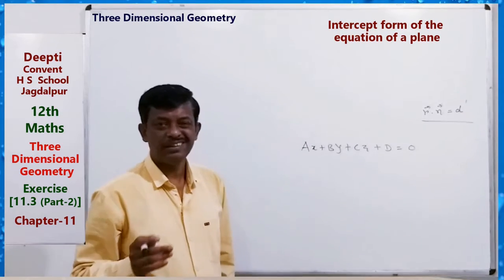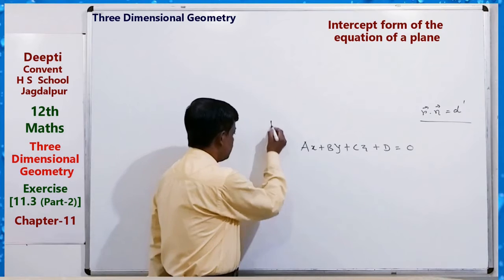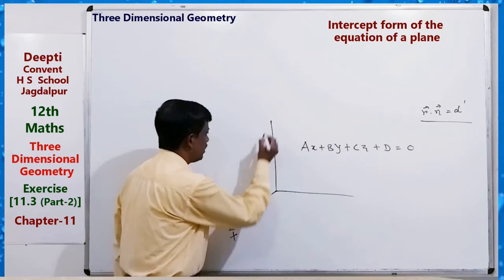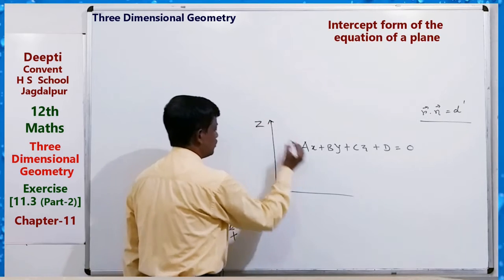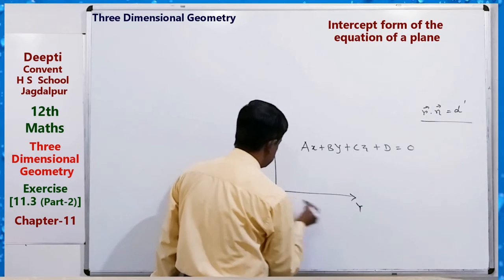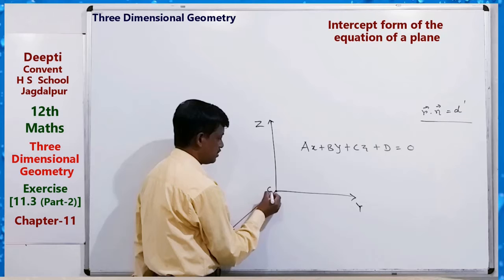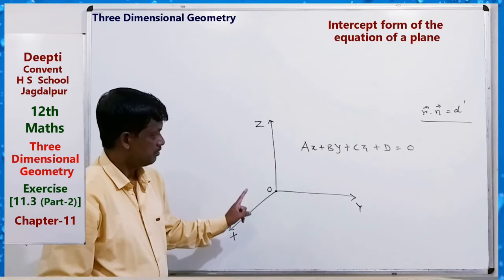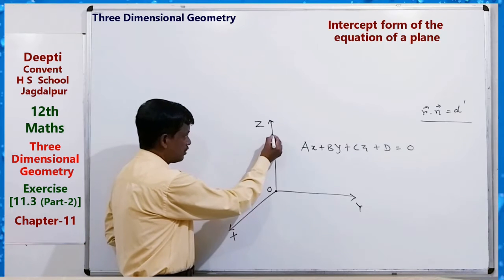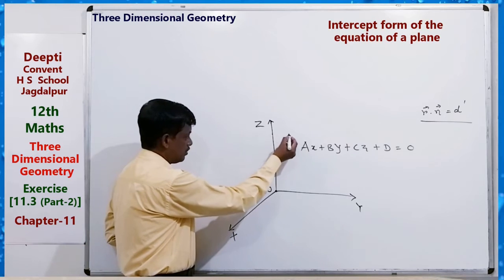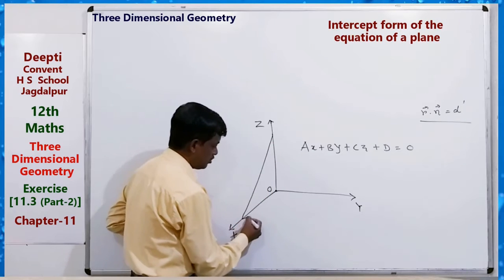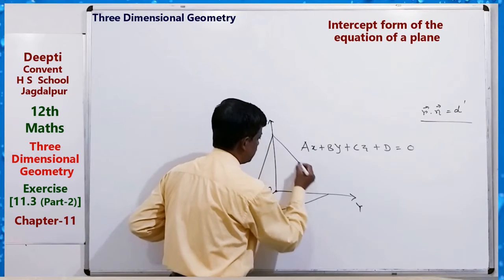Suppose our plane makes intercepts on the x-axis, y-axis, and z-axis. Just like we can draw the plane, we draw this type of diagram.